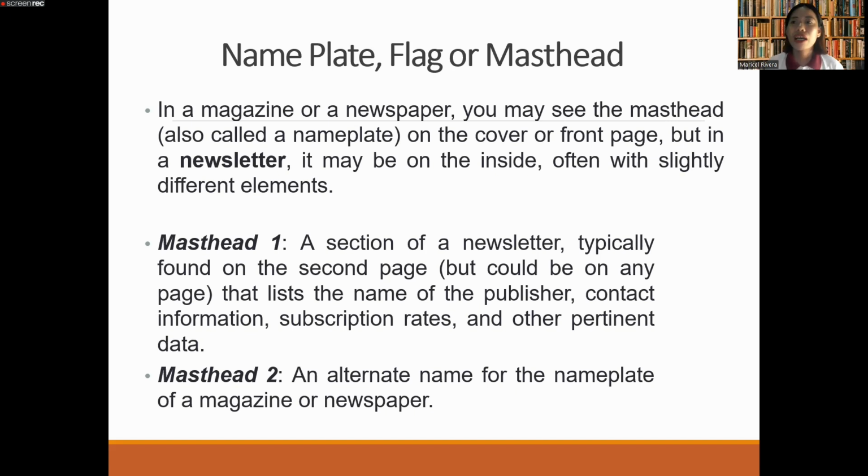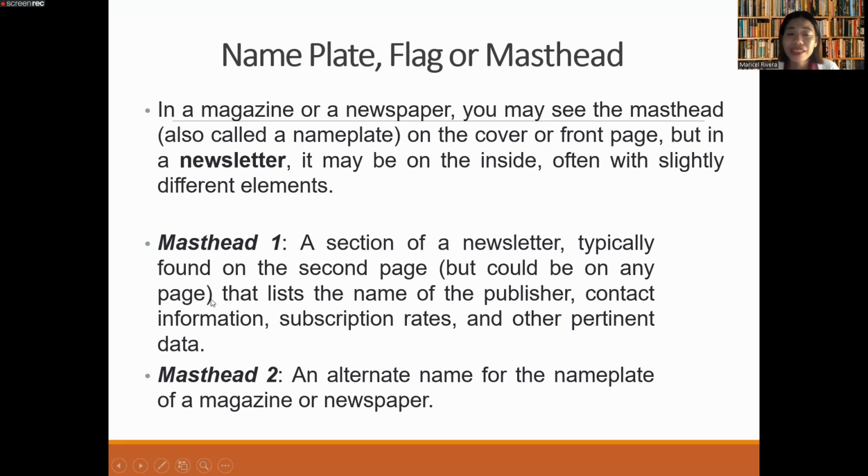So that's why don't be confused, class. In the previous lecture that I recorded, of course, I mentioned masthead, but the meaning of masthead there is actually the section of a newsletter, typically found on the second page, but could be on any page, that lists the name of the publisher, the contact information, the subscription rates, and other pertinent data.